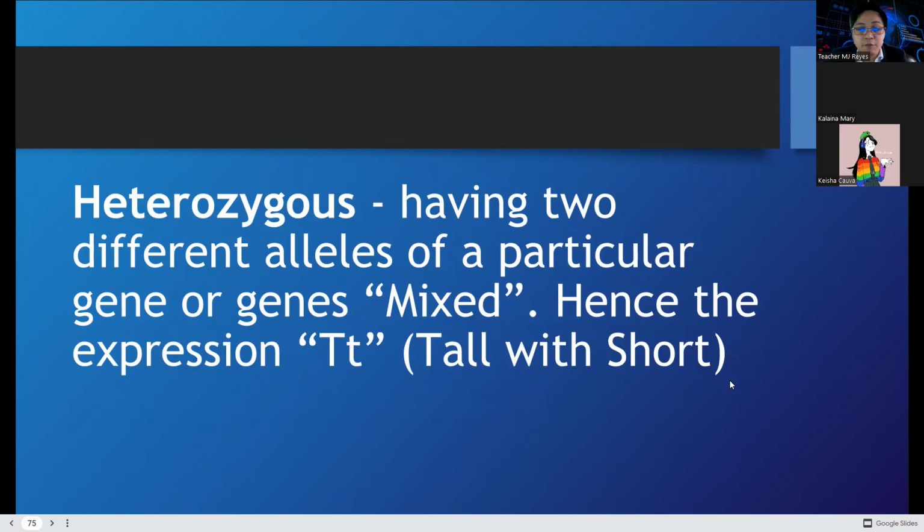From the perspective of genotype, it is tall with short. But from the perspective of phenotype, or the physical attributes, you can only see that the organism is tall, whether it is heterozygous or homozygous.